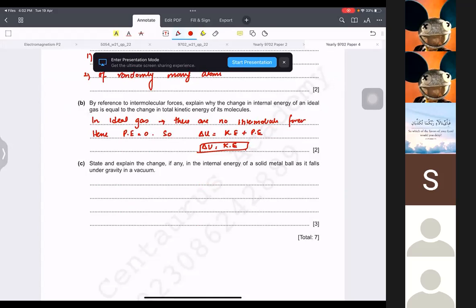It just changes its gravitational potential energy, which is different, right? So neither potential energy nor kinetic energy change. So that should be 2 marks. And for the next mark, so internal energy must be same or should stay same.